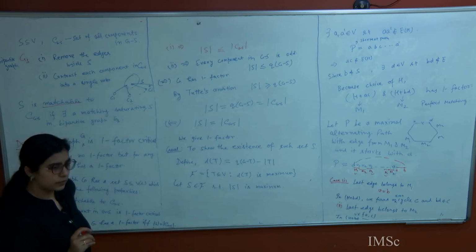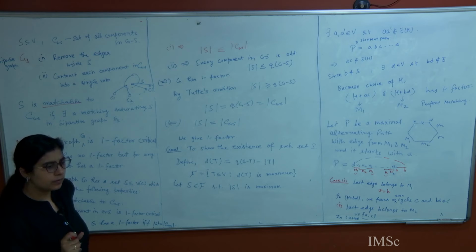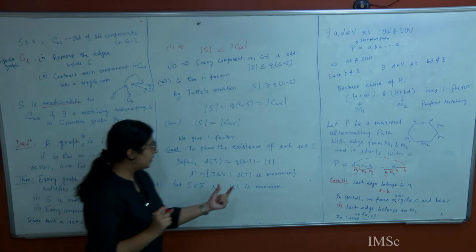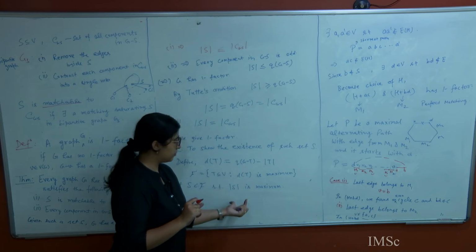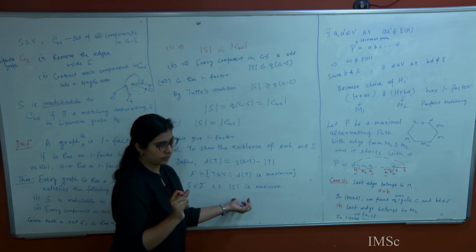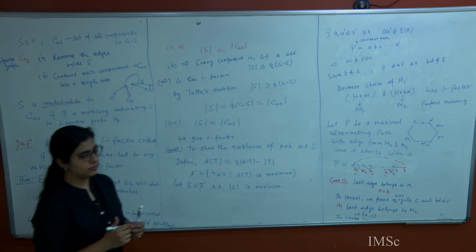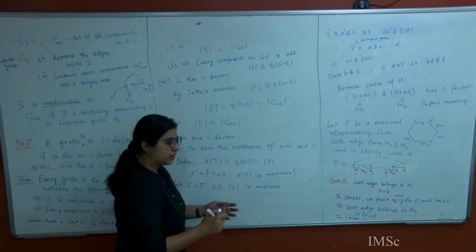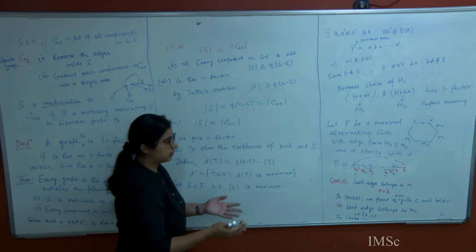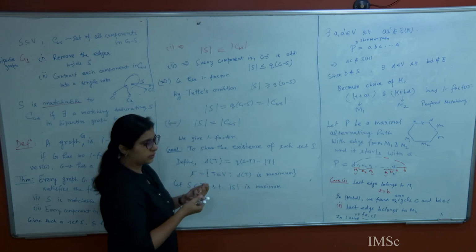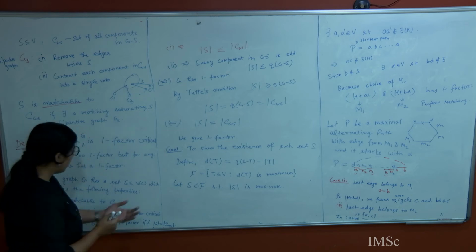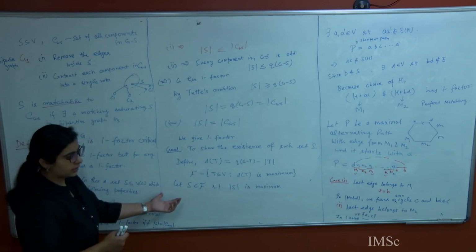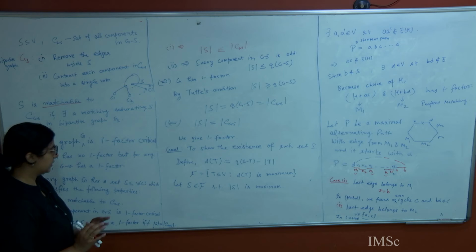S is already maximum because this family contains only maximum. Here we are saying ds is maximum, here we are saying cardinality is maximum. So, ds is also maximum, but among all those sets we are also picking the maximum cardinality set. Now, we want to show that this set satisfies these two conditions, first and second.